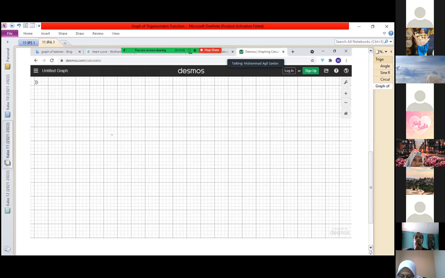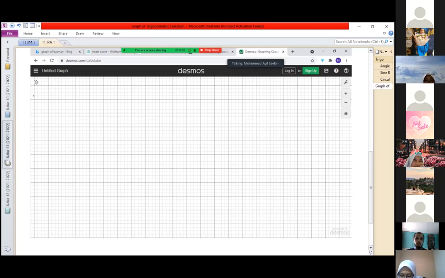Probably we'll start with plotting the graph from 0 degrees to 360 degrees. So our aim is to be able to sketch the graph. We'll start with plotting the graph, and later I will explain some of its properties so that you know its properties. So next you will be able to sketch the graph.